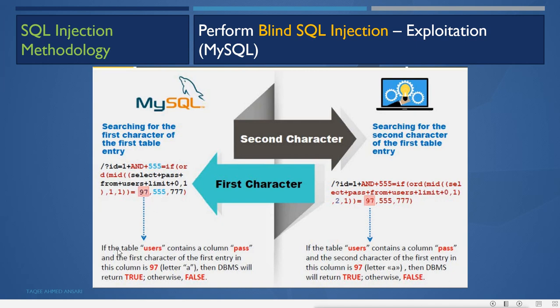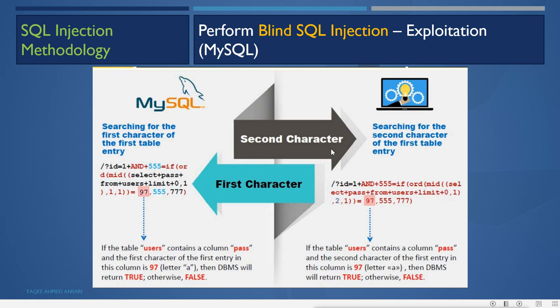Now, if the users table contains a column pass and the first character of the first entry in this column is 97, that is letter A, since 97 is the Unicode value for A, then the database management system will return true, otherwise false. So it is actually comparing this to this value. It is the first character.